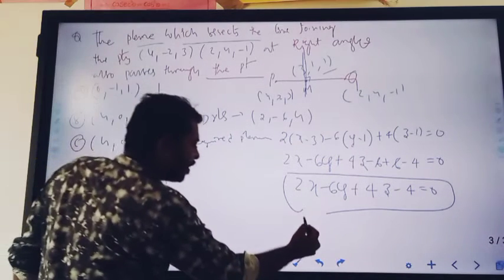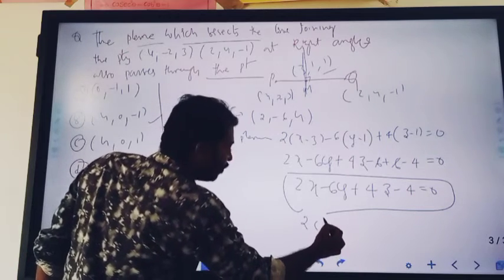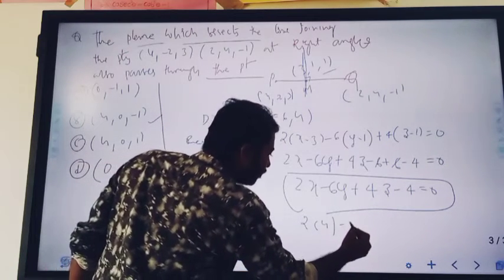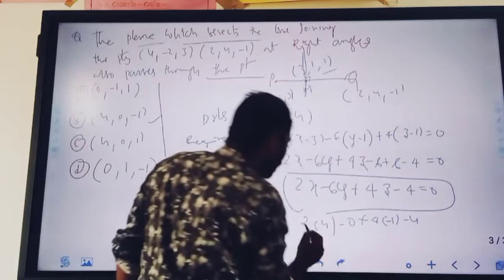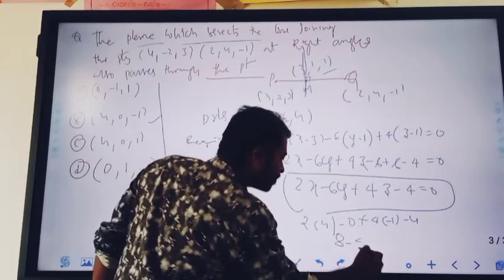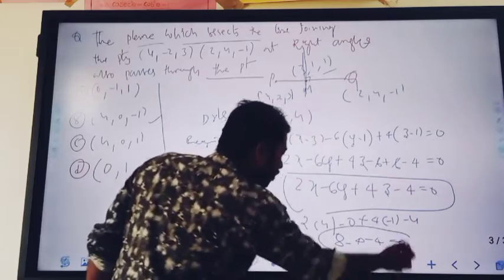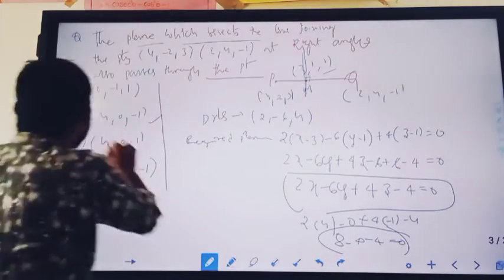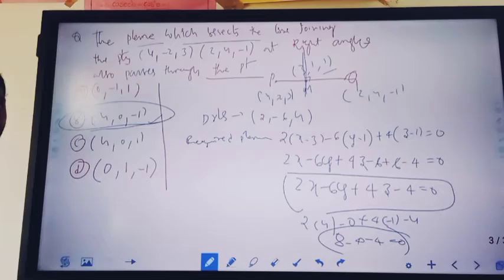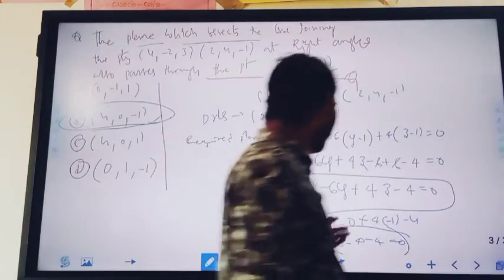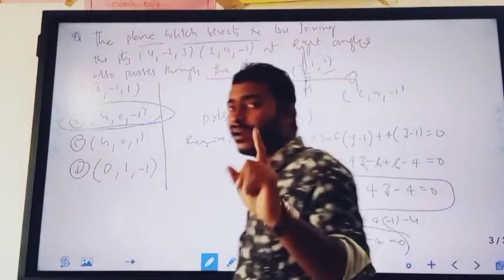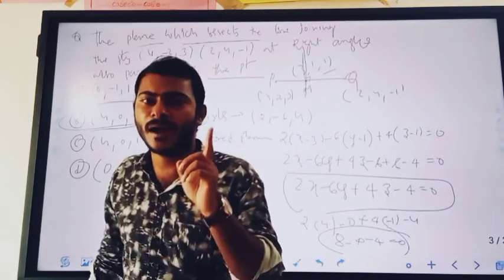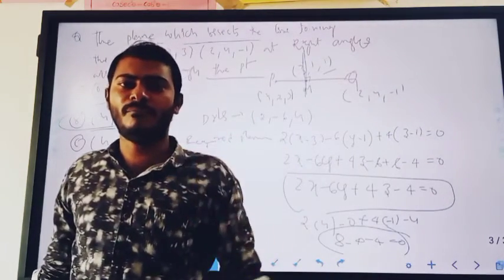When you substitute here, 2 into 4 is 8, 4 into -1 is -4, so 8 minus 4 minus 4 will become 0. So our answer is option B, that is 4, 0, -1. So we have to understand the question and solve it in 3 minutes.